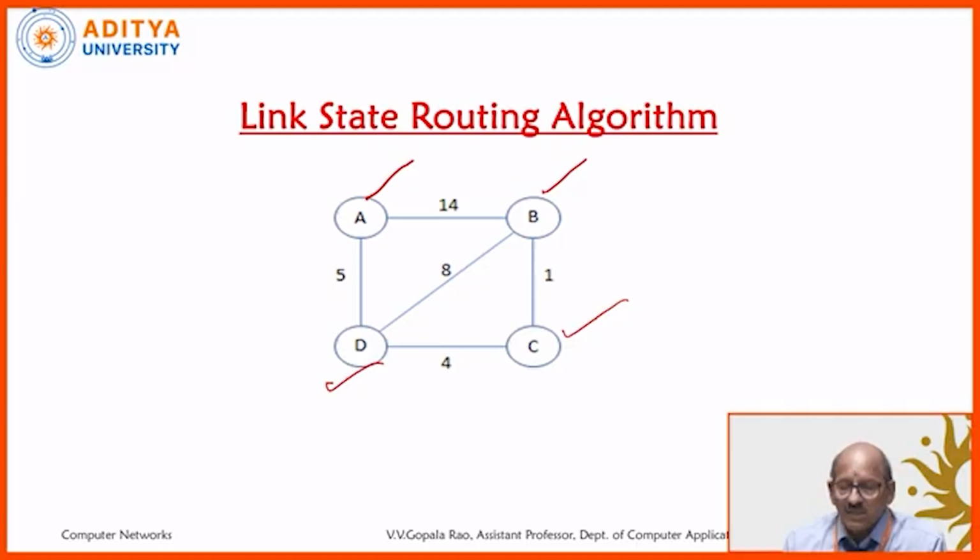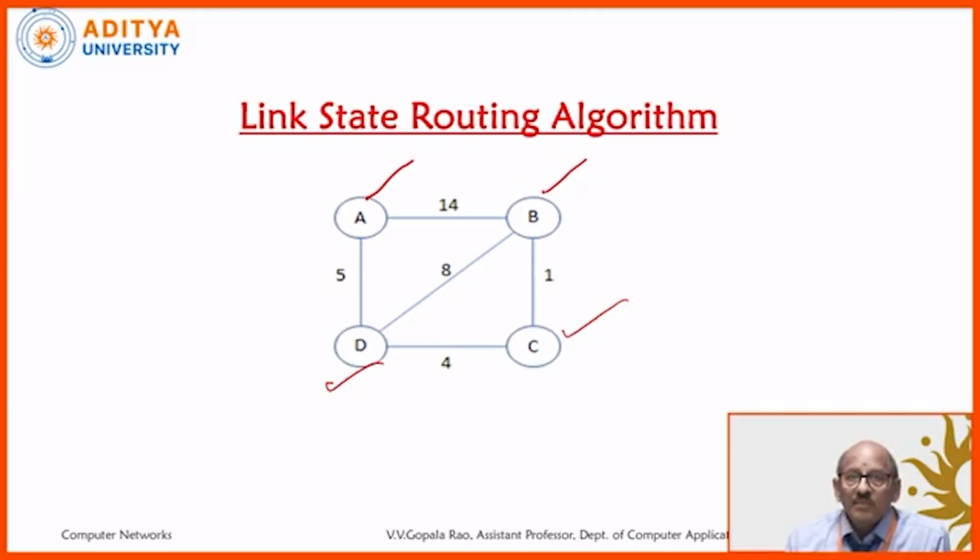In this example, I am going to say that A, B, C, D are the nodes or routers, and the numbers on the edges represent the cost factor. Suppose you want to travel from A to B using the Dijkstra algorithm in the link state routing algorithm.